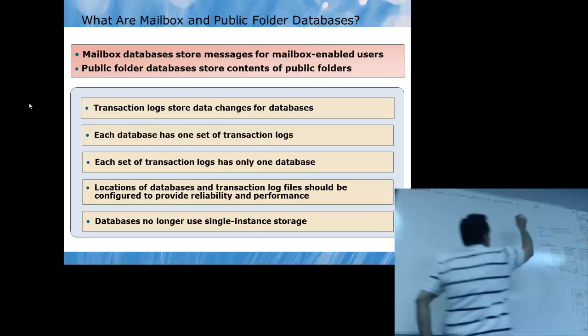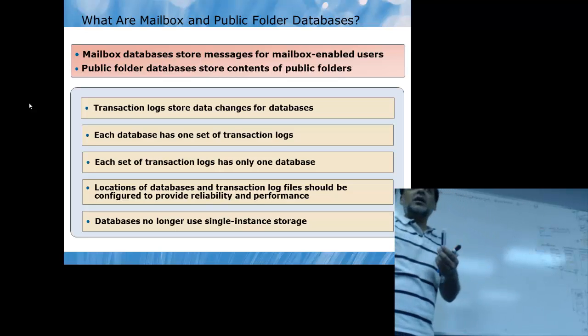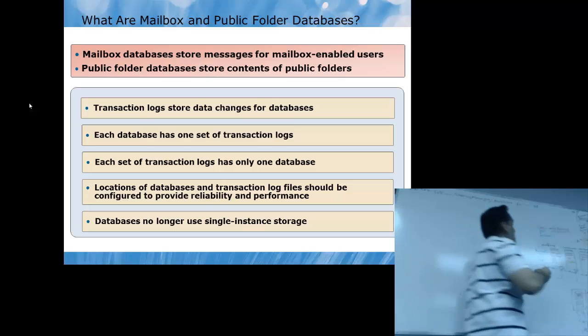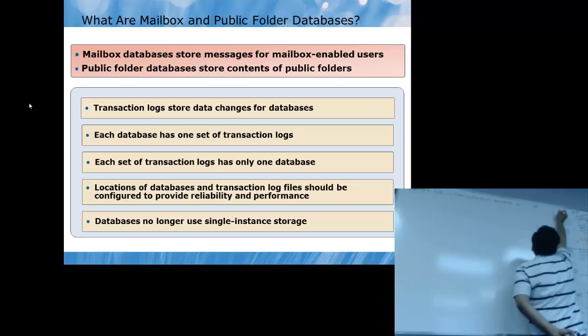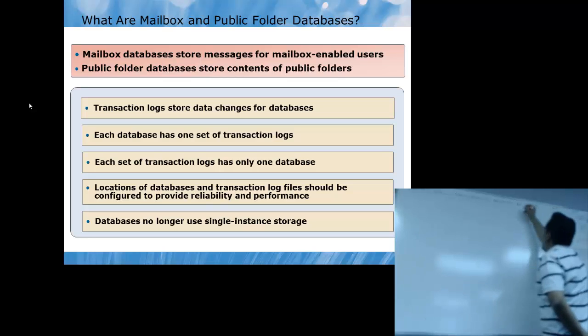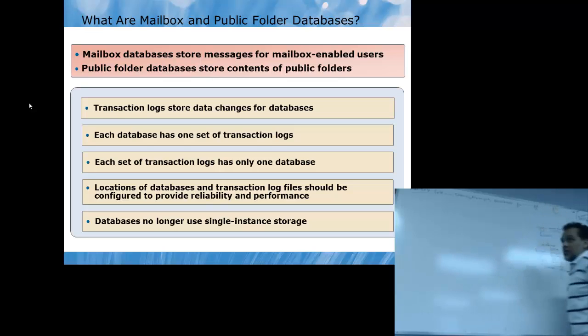So a user has a mailbox, and that mailbox is sitting in a specific server. So for now, we know that there is a user's mailbox and an Exchange server. Guys, in between the mailbox and the Exchange server, there is a database.